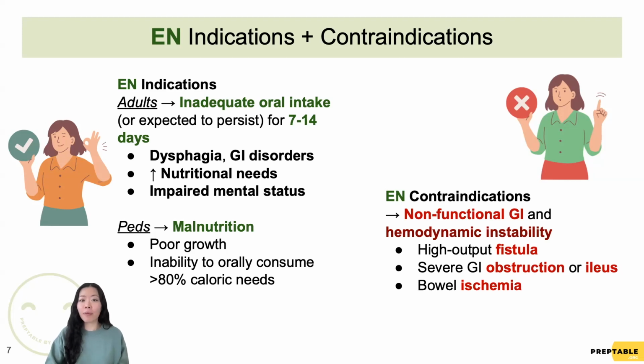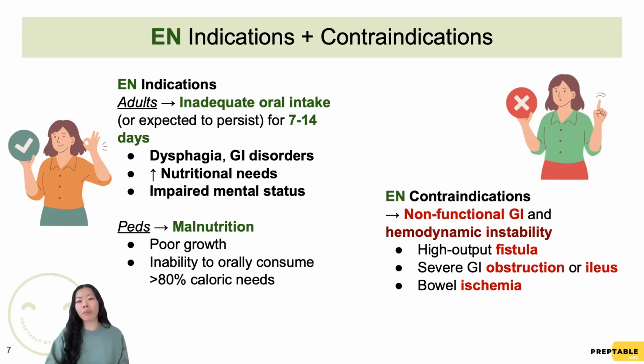Ileus is the inability of your intestine to contract normally and move the waste out of your body. Mesenteric or bowel ischemia is defined as the sudden loss of blood flow to the small intestine. EN in patients with bowel ischemia, necrosis, or massive GI bleeding can make a bad situation even worse.